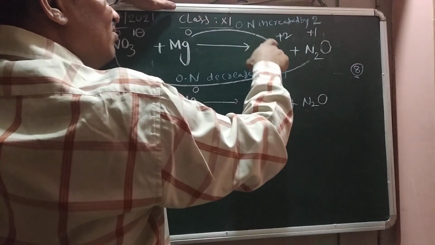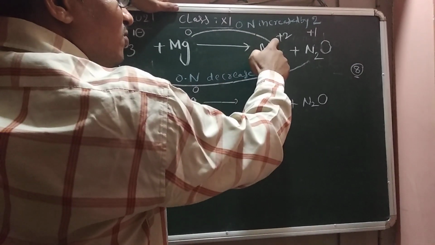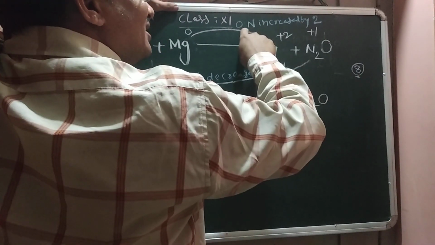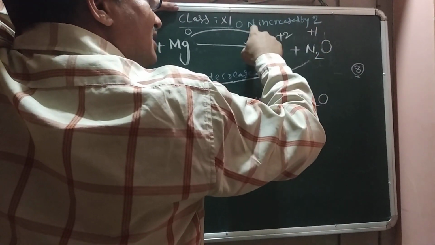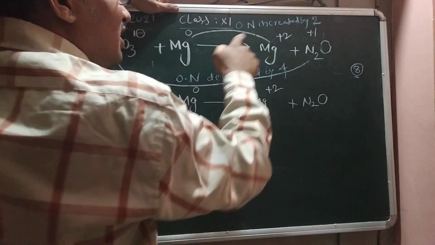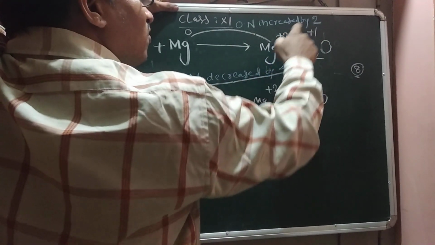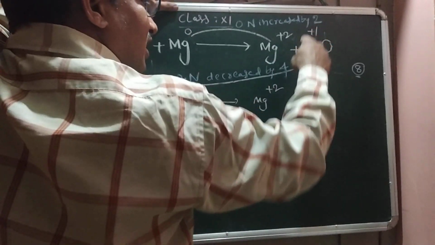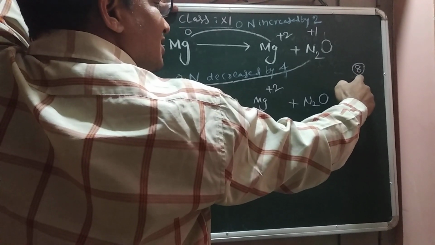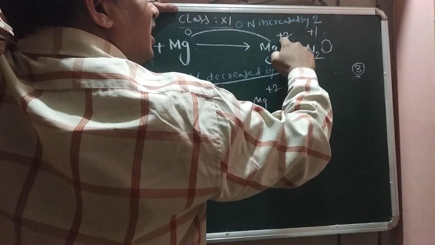And here Mg 0 to Mg plus 2. For one magnesium, it is plus 2. Oxidation number is increased by 2. So total oxidation number decreased is 8 and oxidation number is increased by 2 for magnesium. So it should be balanced. So here I will multiply with 4, so that 4 into 2, 8. So if I multiply 4, it will be 8.